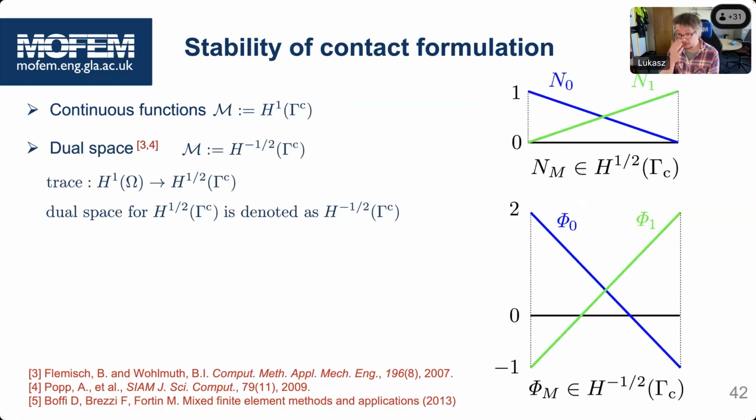Of course there is a well-known solution for that with the dual space. When you have this dual approximation basis associated with nodes, you resolve the contact at the nodes.